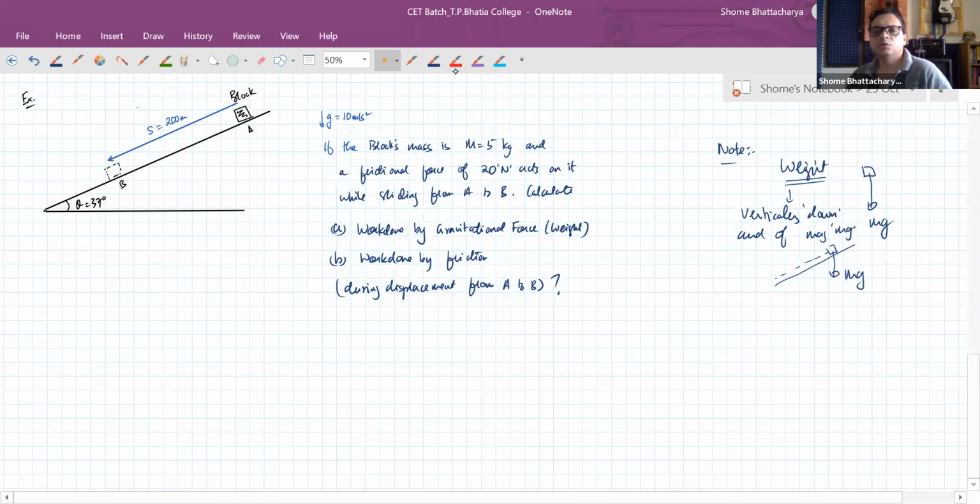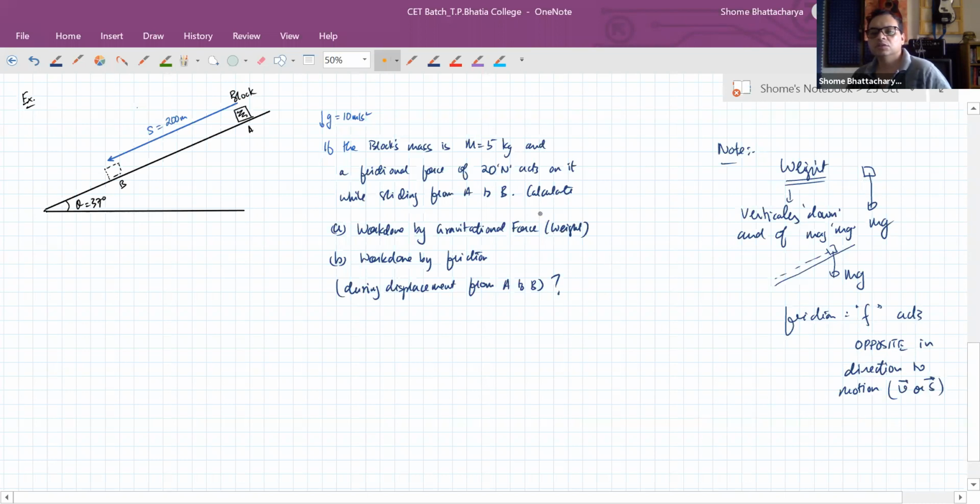And on the other hand, what about friction? Suppose we denote friction with the symbol small f. It will act opposite in direction to the motion, or by motion you can say velocity or displacement or whatever.